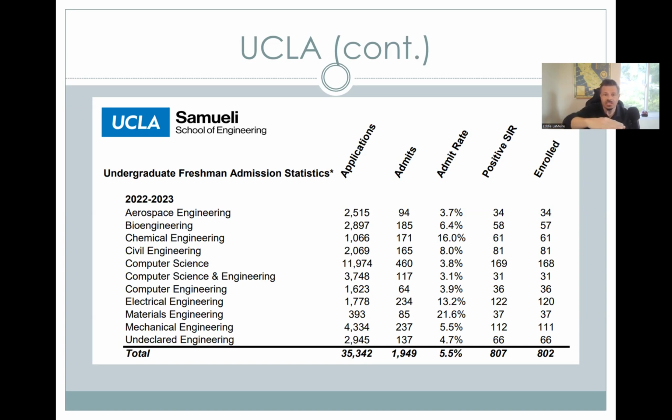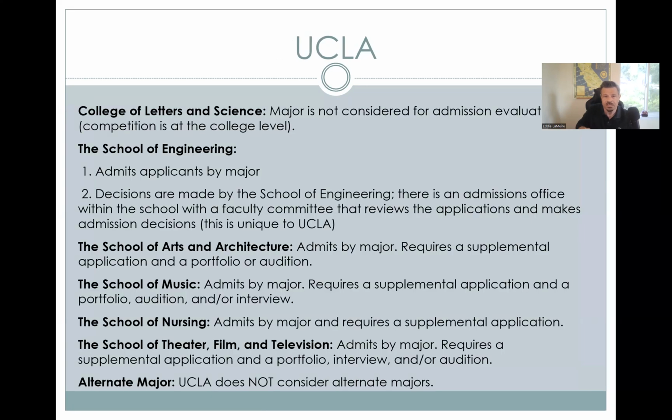If you get into the engineering school, it's a lot easier to move into the other engineering disciplines. It's almost impossible to transfer from outside engineering into engineering at UCLA. But if you're admitted to materials, it's not nearly as hard to move into computer science. It's still going to be competitive, but you get priority as far as the required classes needed to transfer into that major. So it's a bit of a side door.